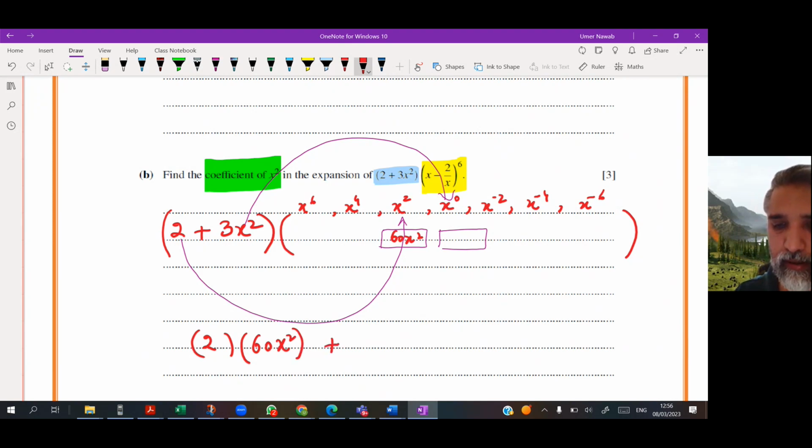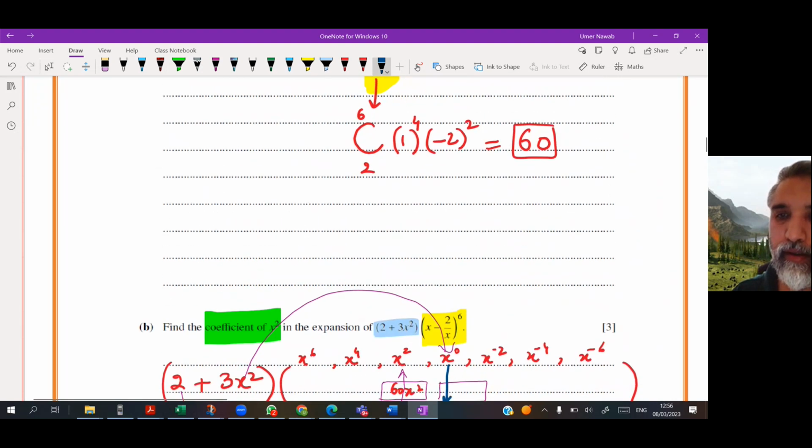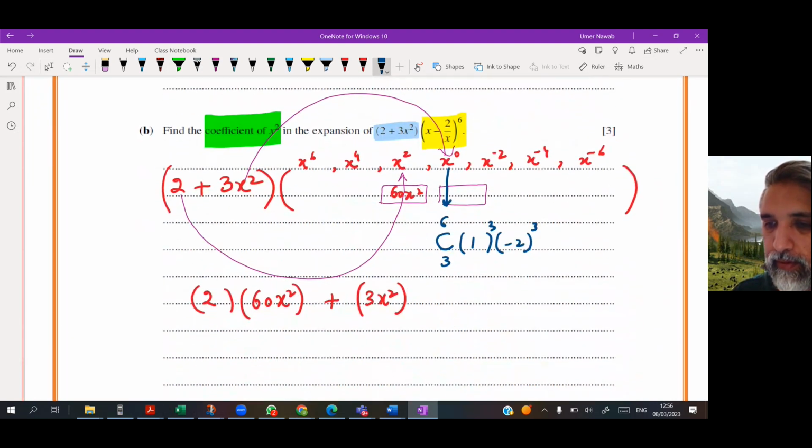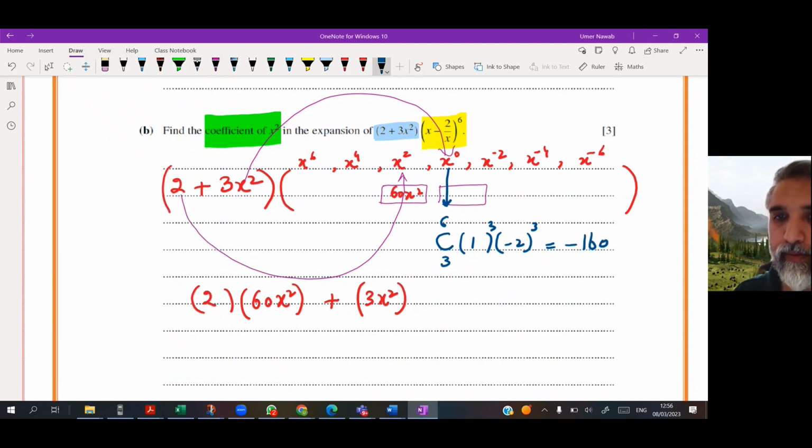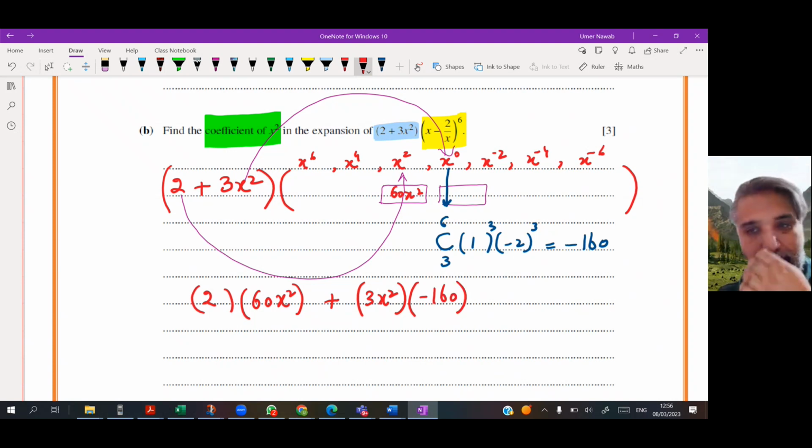And 3x squared is going to multiply with this term. Can I try to find it? This will be 6C, 0, 1, 2, 3. 1 and minus 2. Try to calculate it. 6C3 times minus 2 raised to the power 3 gives us minus 160.